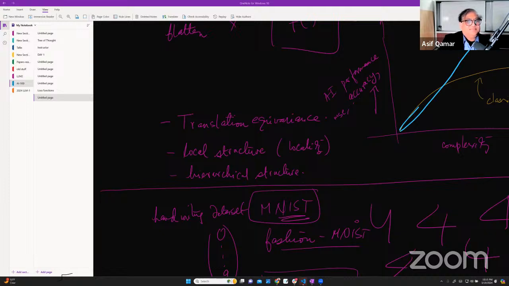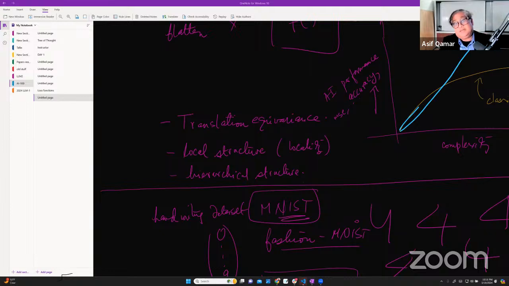So Asif, CNNs can be used only for vision? No. Only images? No, I'll say that again. CNN is applicable to any data domain that shows these properties, these inductive biases: translation equivariance, local structure, locality, a hierarchical structure.